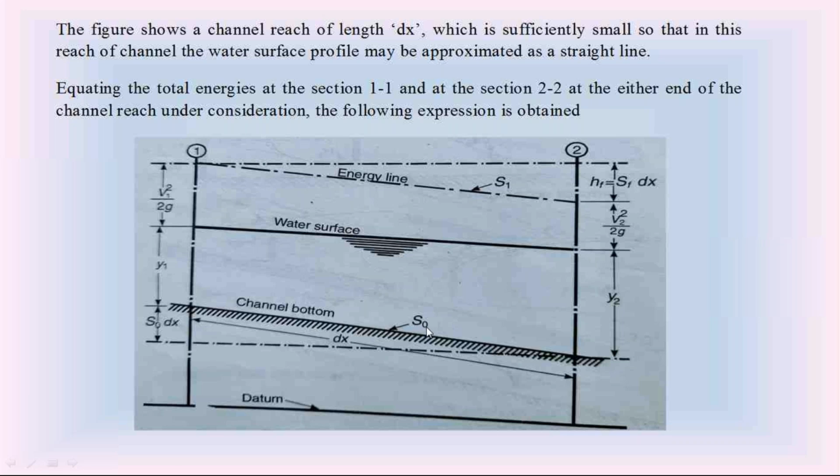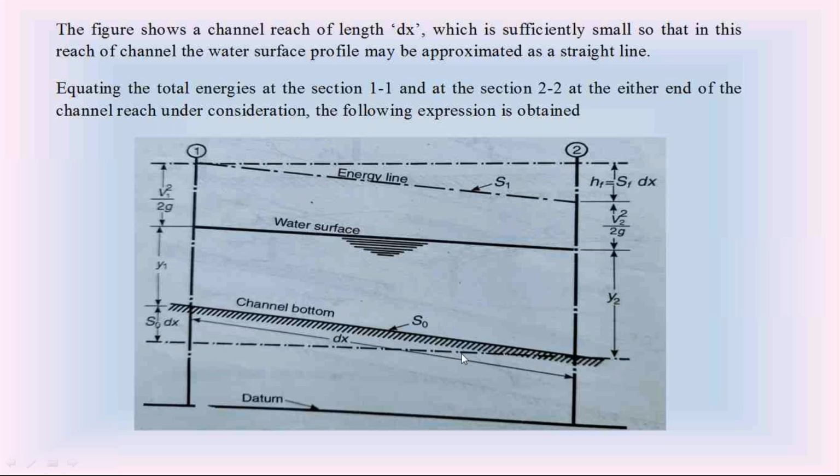Then if this channel bottom makes an angle theta with the horizontal, tan theta is equal to s0. But tan theta is equal to the height divided by the distance between the two sections 1 and 2, that is dx.